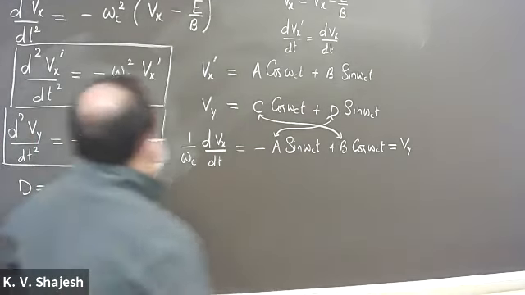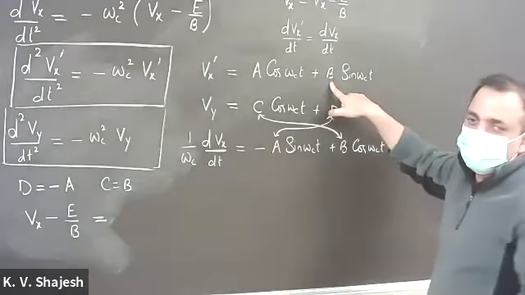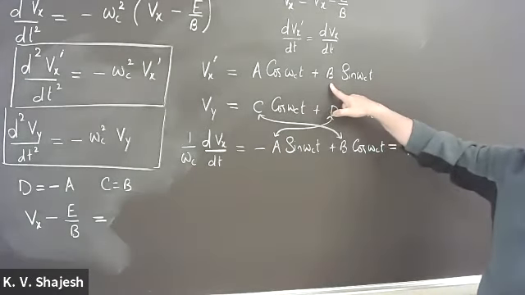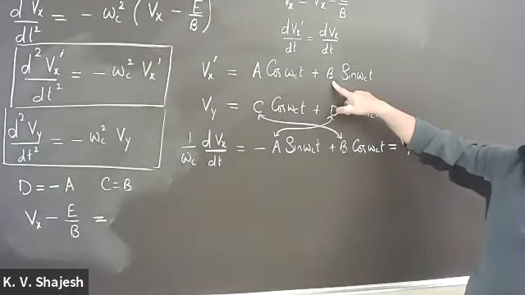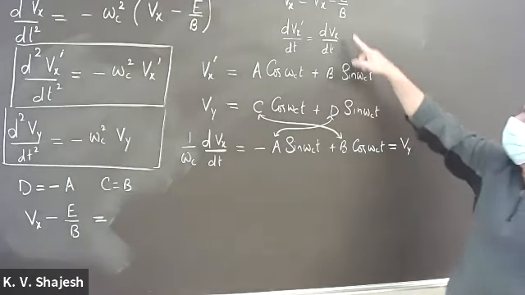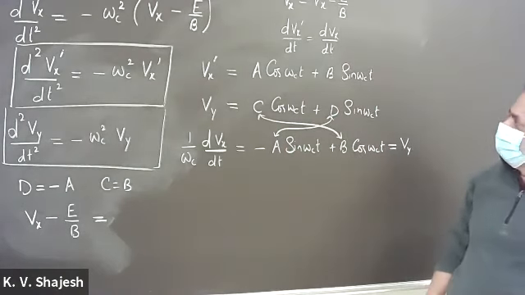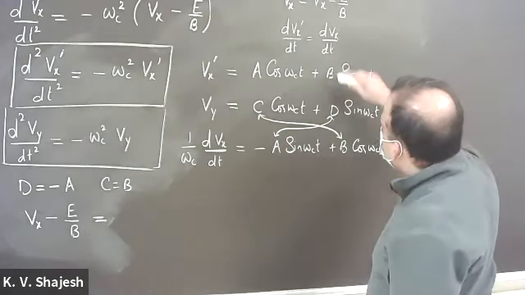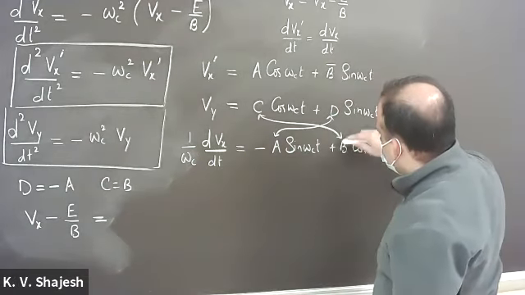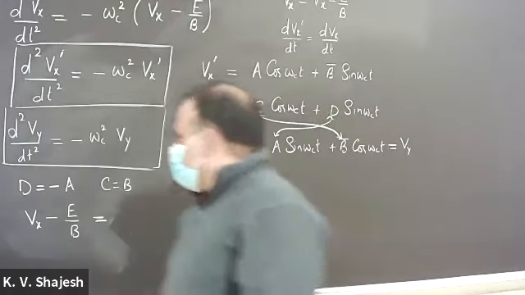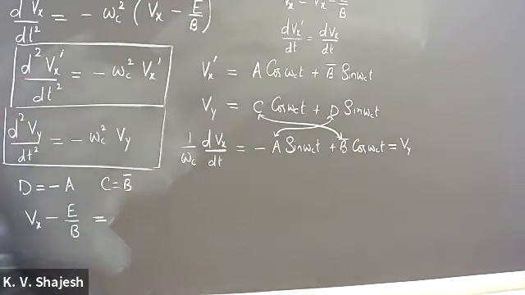This is a B, not the magnetic field. Hopefully that's not very confusing. This is a constant coefficient, and that's the magnetic field. Sorry about that. It shouldn't confuse because we do this all the time.